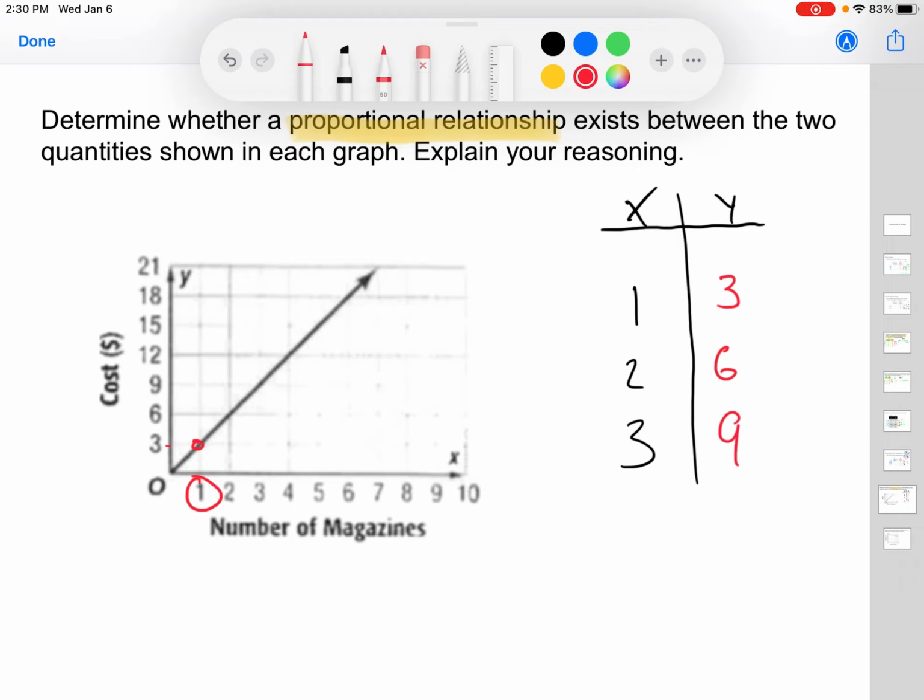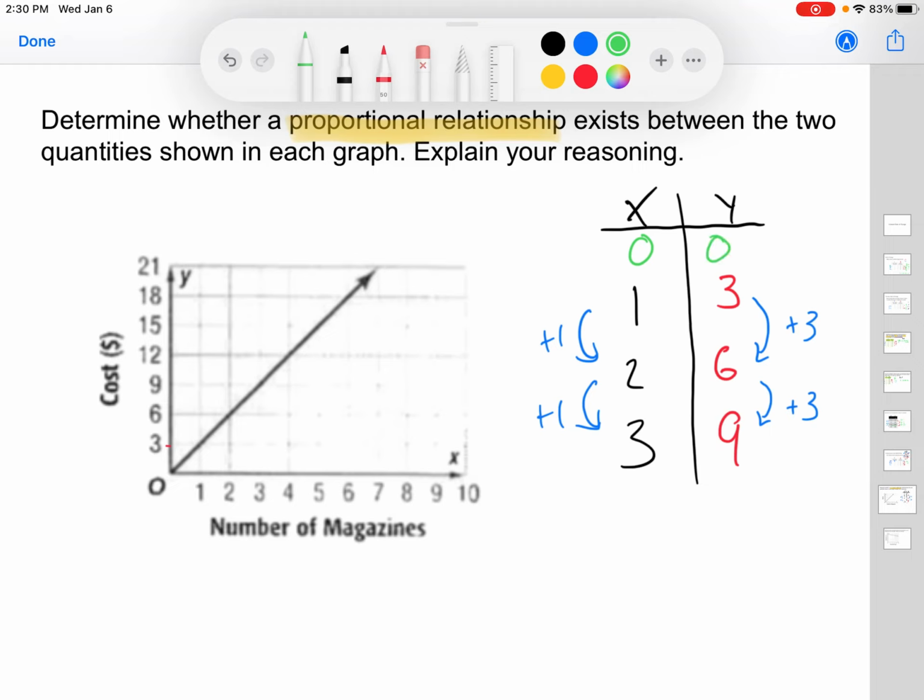So in my table here, I can look at this rate of change and I can say, okay, we're going +1, +1, +3, +3. So there appears to be a constant rate of change here. So I'm going to check and see if the value of 0, 0 works.